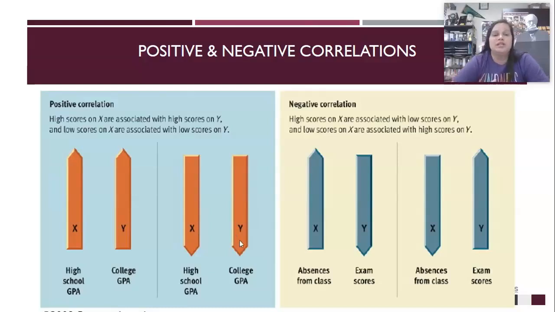So they're moving in the same direction. We're going to get into this even more in this lesson, but that does not mean they cause each other. A high school GPA does not cause a college GPA. It's a good predictor for it, that higher grades in high school predict higher grades in college, but not necessarily. Lower high school grades can predict lower college grades, but there are a lot of other variables in there.